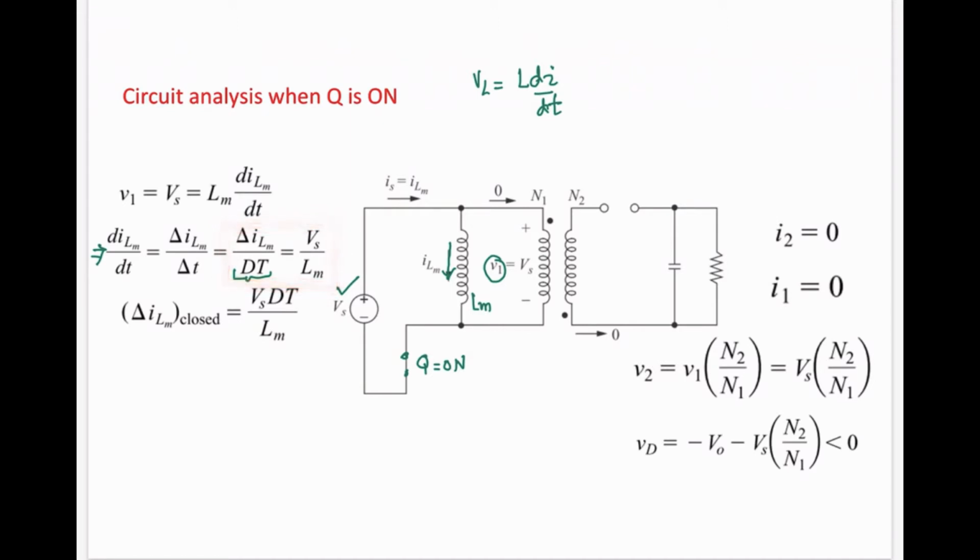If I rearrange it for the delta ILm for the closed state, that will be equal to Vs into d into T by Lm. So this gives us the change of the current in the magnetizing inductance. This equation is obtained just by rearranging the terms in this expression.